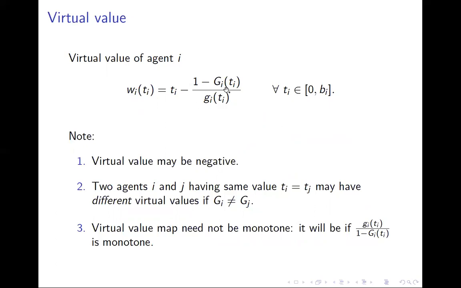So for instance, as an exercise, let's take the uniform example. Suppose Gi is the uniform distribution between 0 and 1, so bi is 1. What is this expression wi(ti) then? Any answers? What would be wi(ti) if Gi is uniform 0, 1?